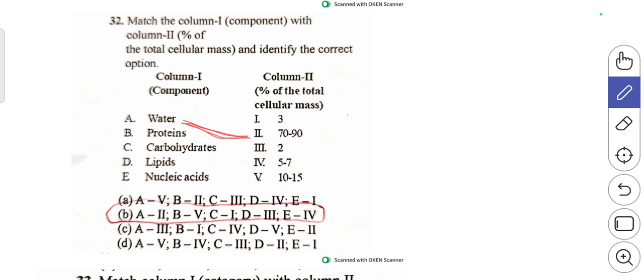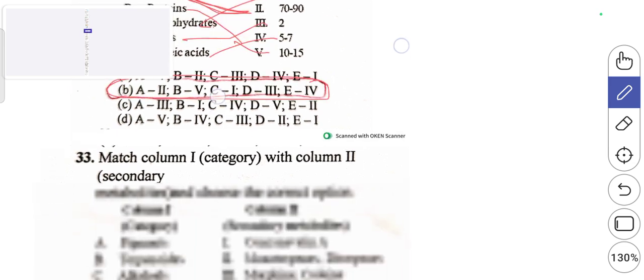Then protein concentration is 10 to 15. Then carbohydrates, that is 3. Lipids, that is 3. Then the nucleic acid, 5 to 7%. So B is the right answer for this question.